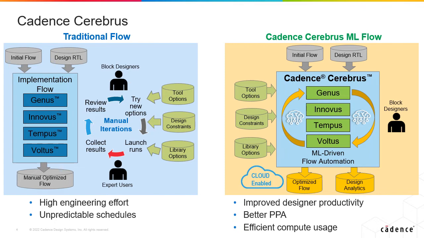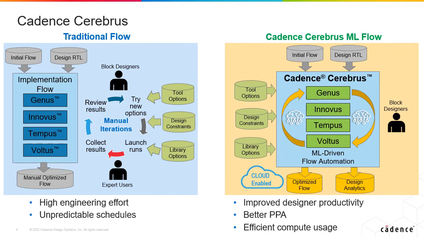Based on these goals, Cerebrus will create and run flow scenarios which will decide what tool options or design constraints or library configurations need to be modified so as to meet the designer's goals.